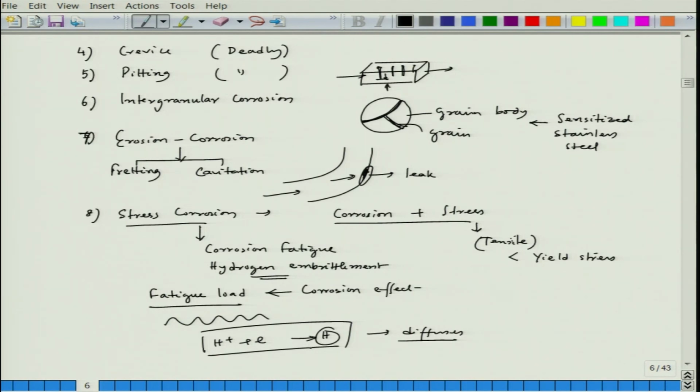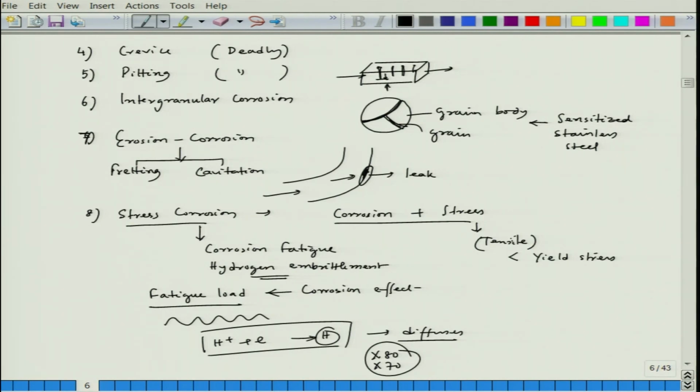So, for this hydrogen embrittlement, take for example pipeline steels X80, X70; those are line pipe variants of steel. Their hydrogen embrittlement should be studied very carefully, because those steels are used for pipeline making, and those pipelines carry oil from one country to another, the cross country pipelines. If there is a hydrogen embrittlement effect, you never know that oil is leaking somewhere in between, and by the time you could tap it, there is a lot of oil loss.